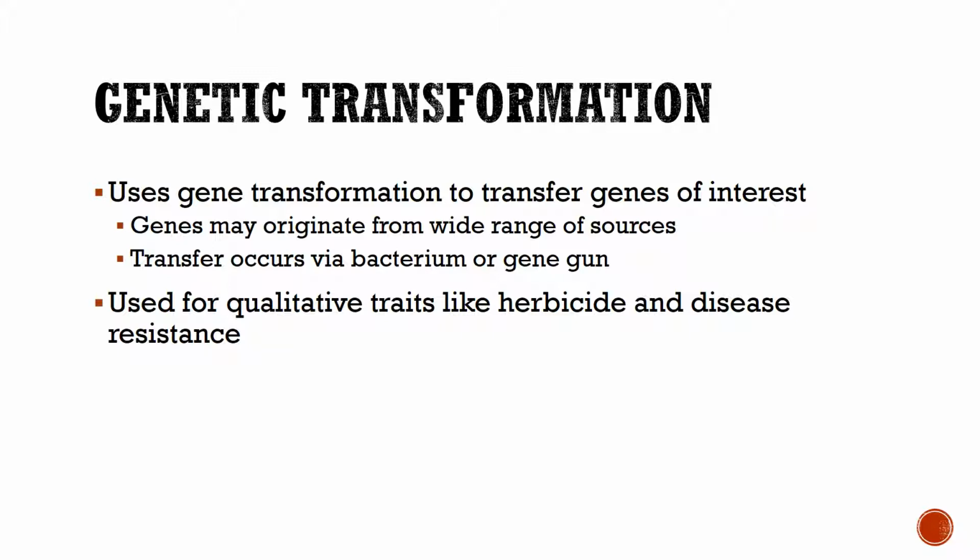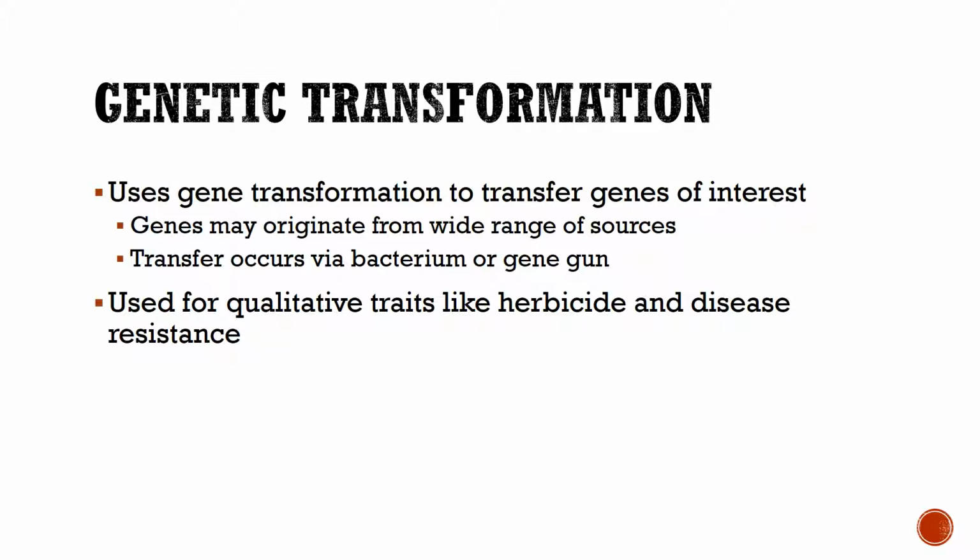And then we use that for qualitative traits like herbicide or disease resistance. Unfortunately, in this section of the United States, we have to look at a lot of those because of different herbicides, different diseases, and now different pests that we're starting to see pop up. So it's really important to look at that.